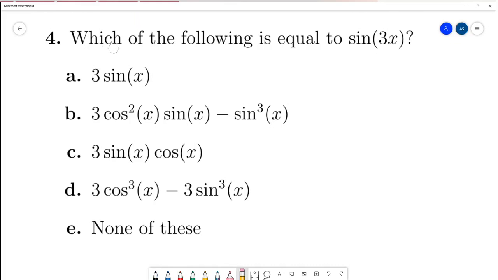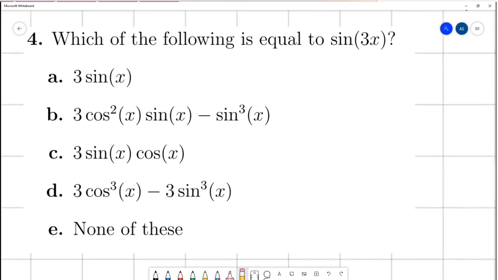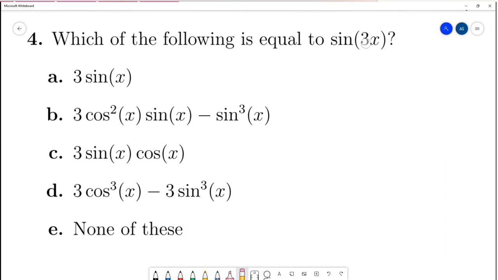On number 4, we want to know which of the following is equal to sine of 3x. So we're looking for identities that we can manipulate sine of 3x with. So my first thought, since it's 3x instead of 2x, is to use one of our sum and difference formulas.